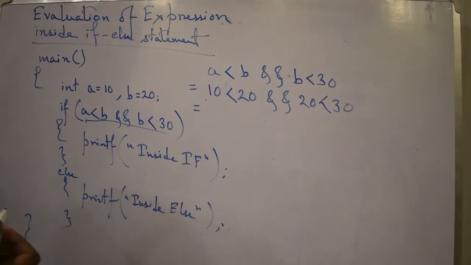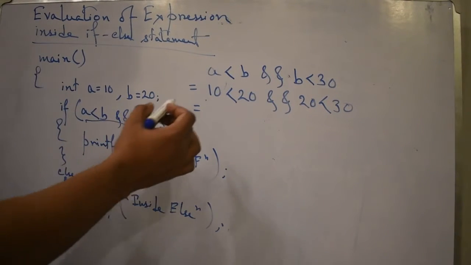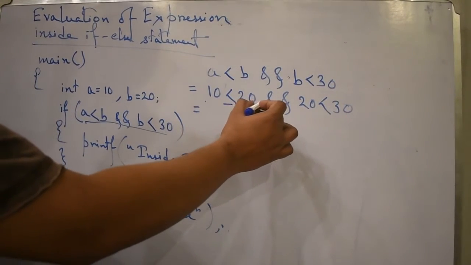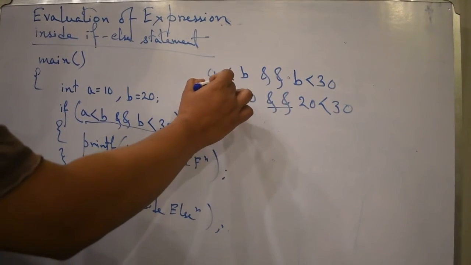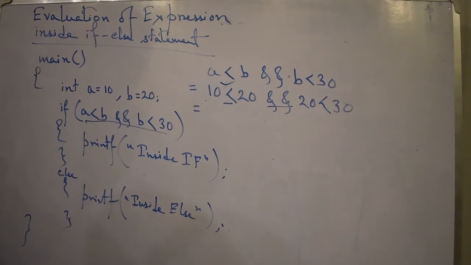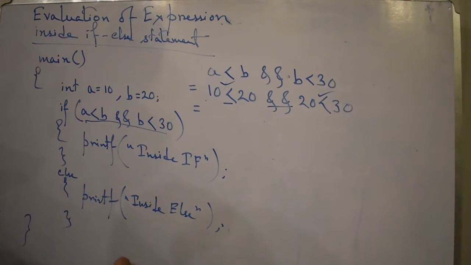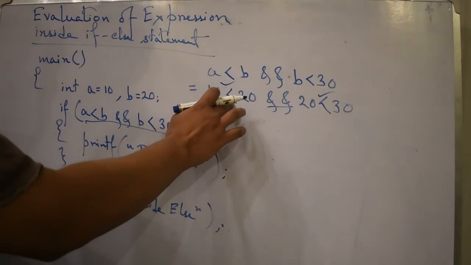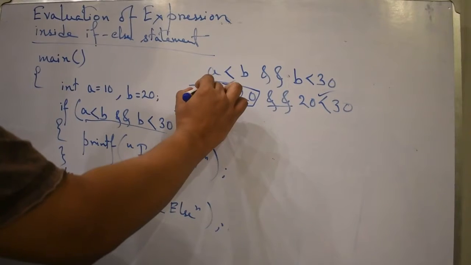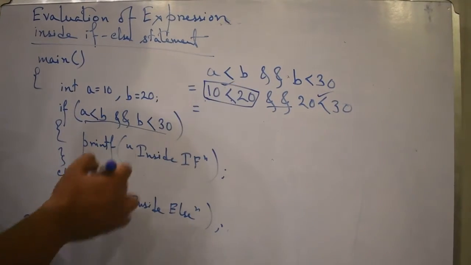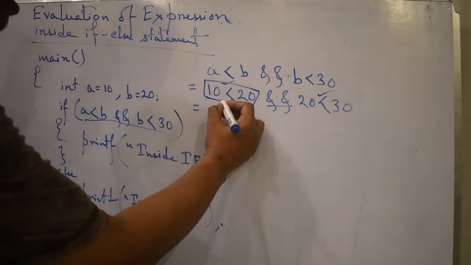In our previous lesson we learned that the precedence of the logical operator is lower than that of the relational operator, so the priority is higher for the relational operators. These two relational operators will be executed first, and the associativity is left to right. First, 10 lesser than 20 satisfies the condition, so it gives the result 1.